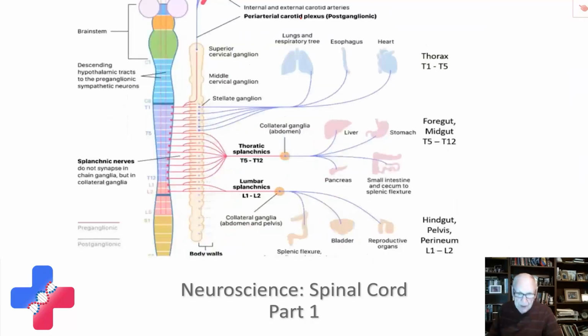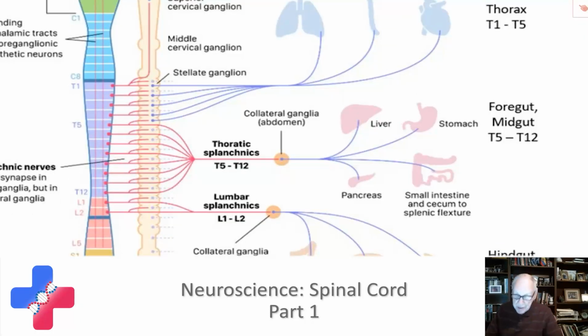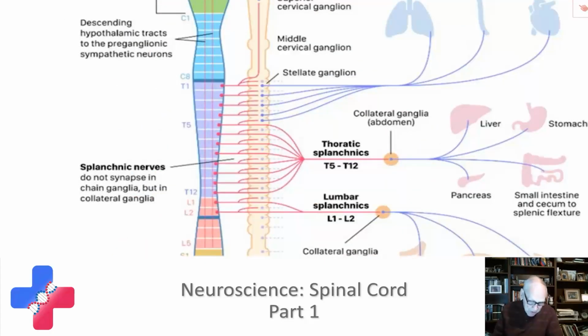And on the sympathetic side of the world, let's just remind ourselves of a few key points that are going to be directly related to the brainstem and spinal cord. Now, one of the essential things to remember is that all of the sympathetic system originates between T1 and L2, those two bar lines there.